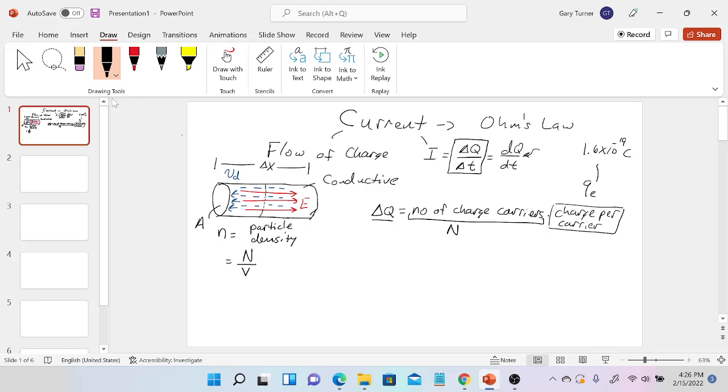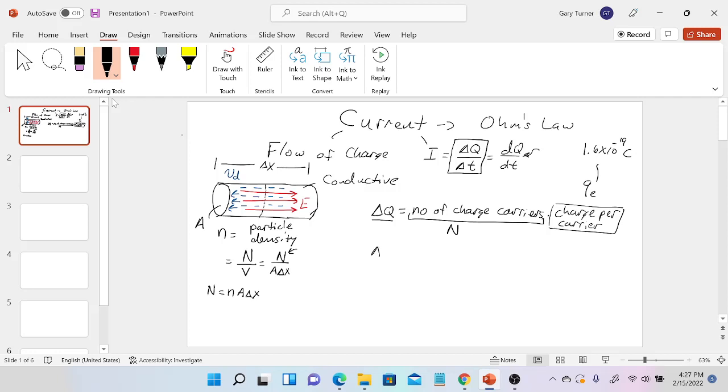right? So this is equal to n over a times delta x, right? So if I want to substitute this type of expression in for n, then n is going to equal little n times a times delta x, right?